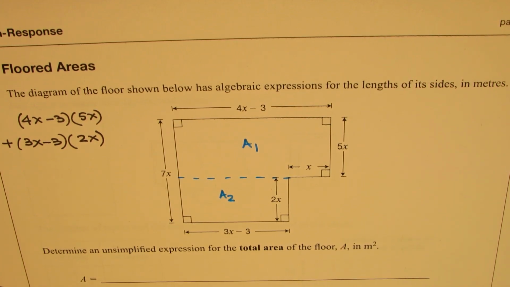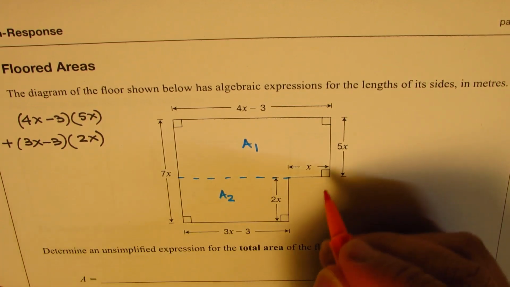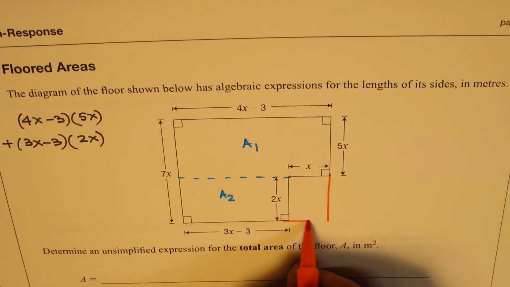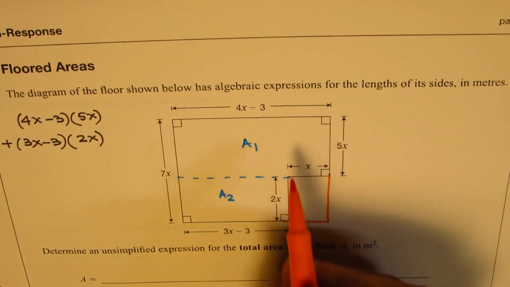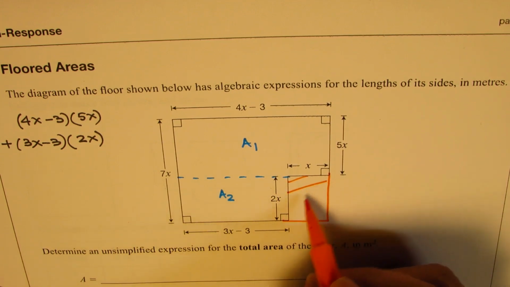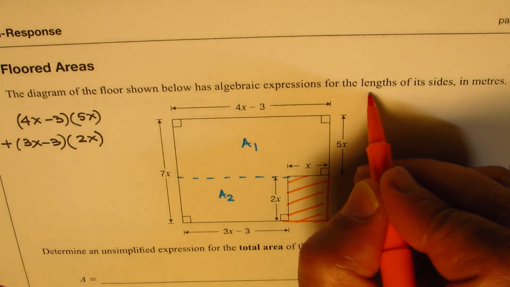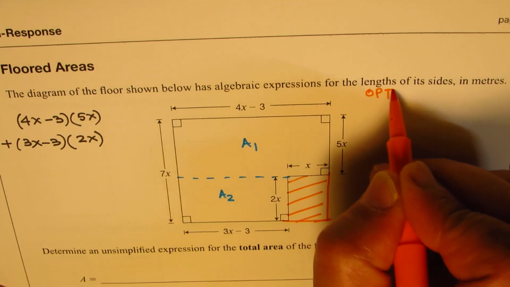So that is one method: add the two areas. The other method is you can think about making a square, I mean a rectangle, and then taking away this area. We'll call this option 2.